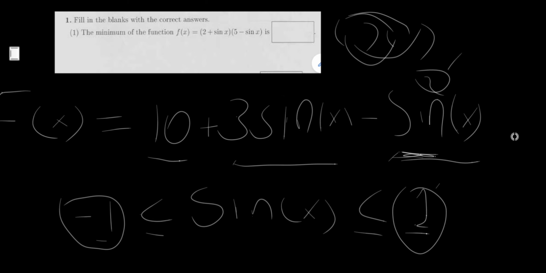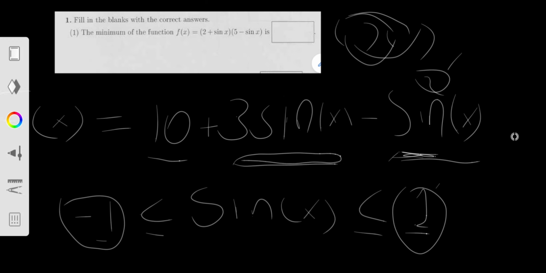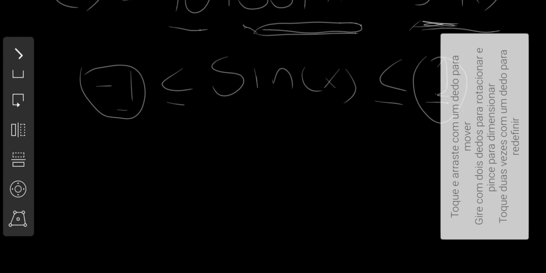But this one over here makes a lot of difference. Why? Because I'm having 10 plus something. Now if this thing becomes minus, then I can become more minimum, if I could say that.